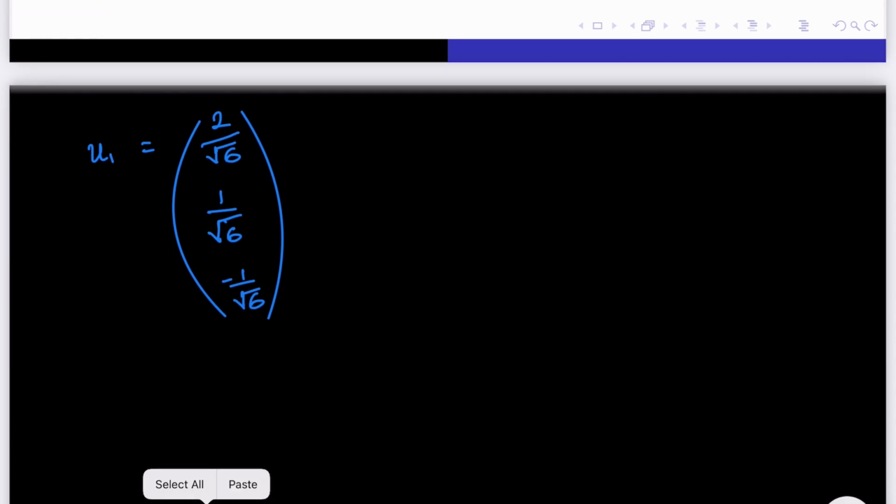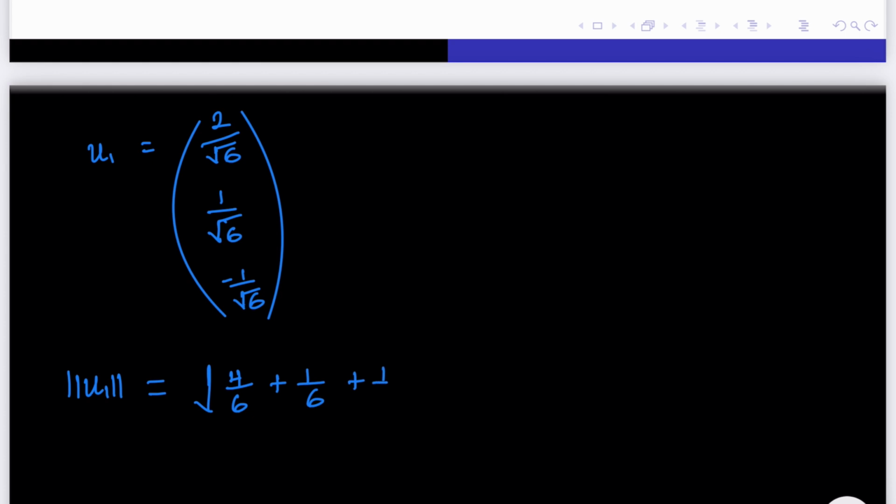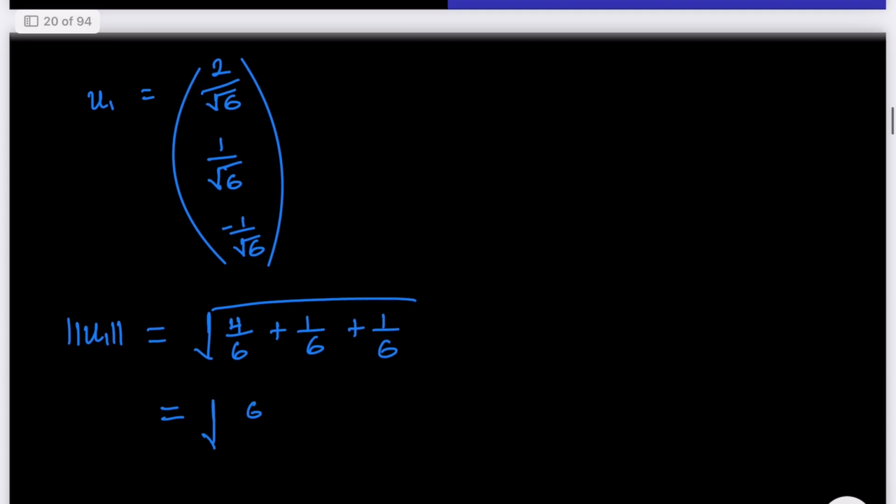The norm of u1 is the square root of 4/6 plus 1/6 plus 1/6, which gives the square root of 6/6, and that's equal to 1. So we have u1 to be a unit vector.